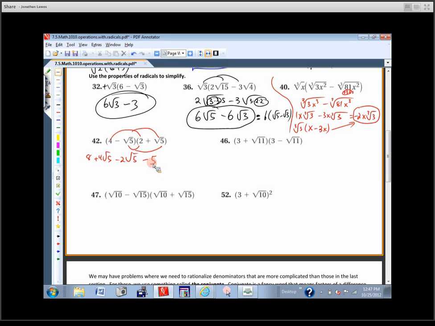Now, this is something interesting that happens on these problems when we're dealing especially with square roots. We're going to have a square root in the answer to this particular problem, but you'll notice that we've got a real number here and a real number there, nice integers. So if I put the two of those together, I get a 3, and then I've got 4 radical 5 minus 2 radical 5.